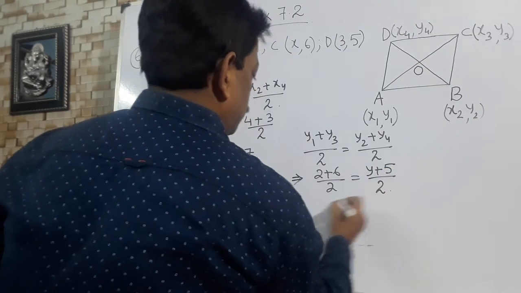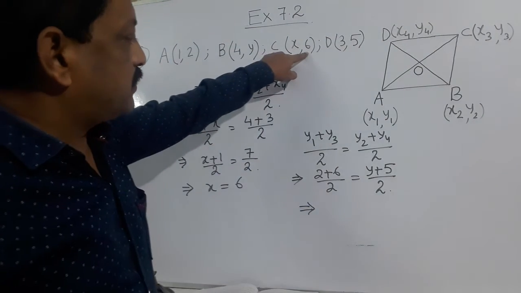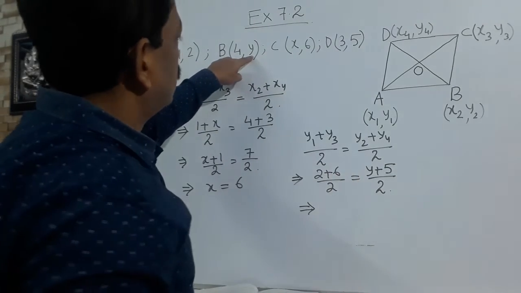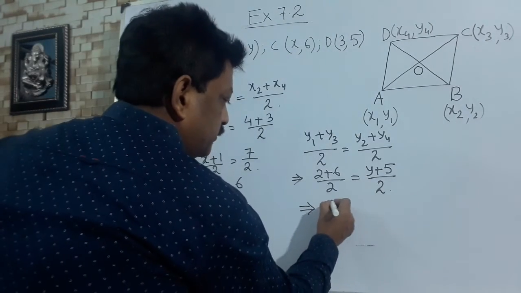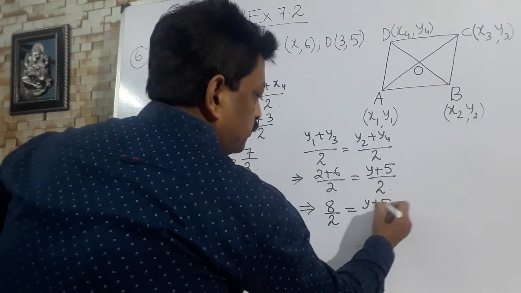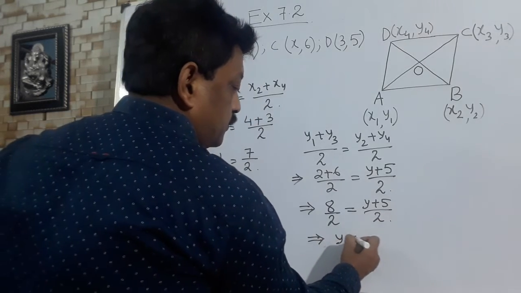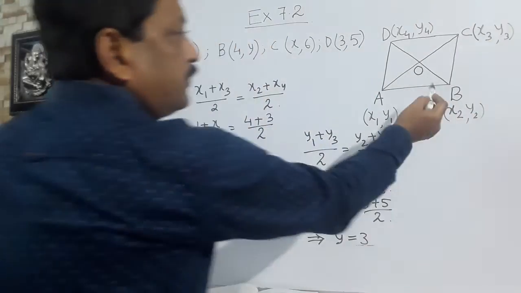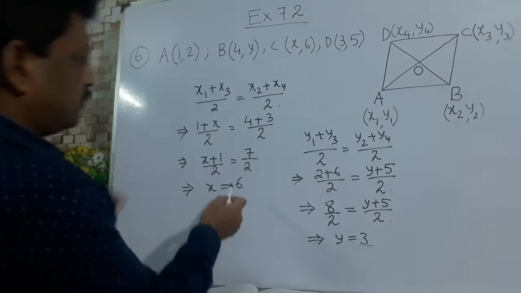So by calculation we are getting 8 upon 2 equals (y plus 5) upon 2, or y equals 3. So the missing coordinates are y is 3 and x is 6.